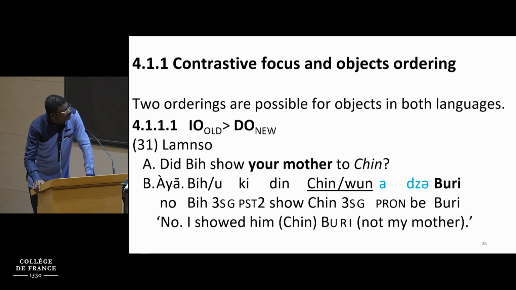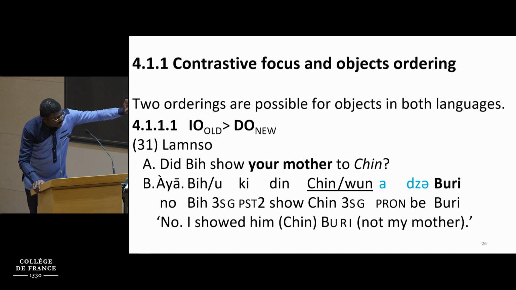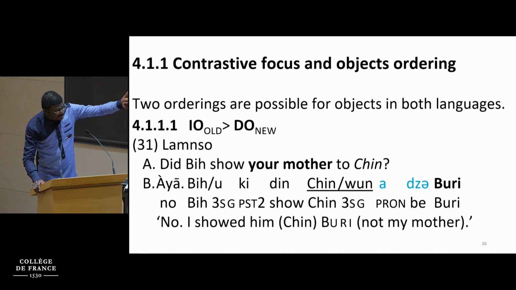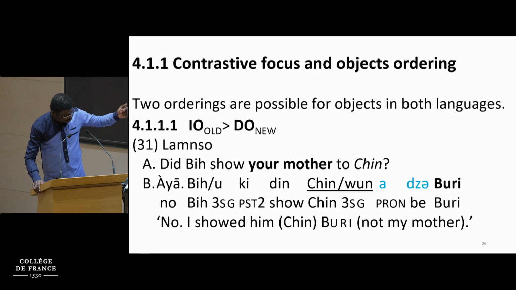Buri here is the focus, which is preceded by Chin, which is mentioned in the question under discussion. So you have old information preceding new information, but here in this case, it is new in the discourse, but it is interpreted as contrastive.